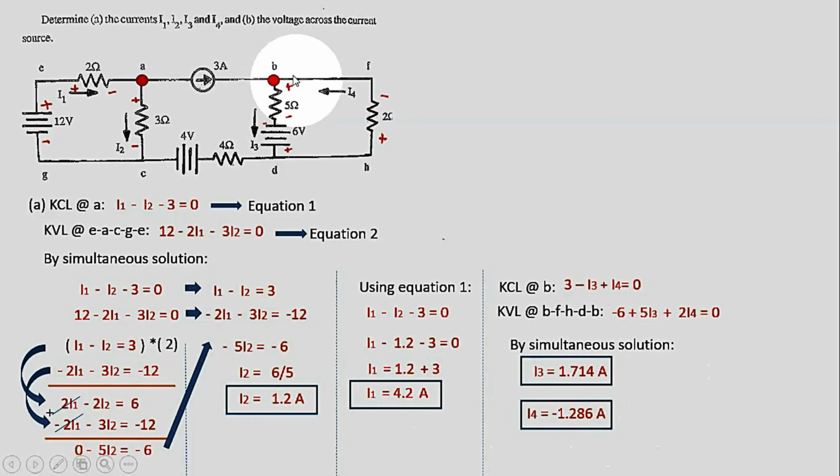How about the voltage across this current source? So we consider this point A, B. So the voltage at 3 ampere is the voltage AB. We don't know the voltage here, but we can know the voltage by going through this path.